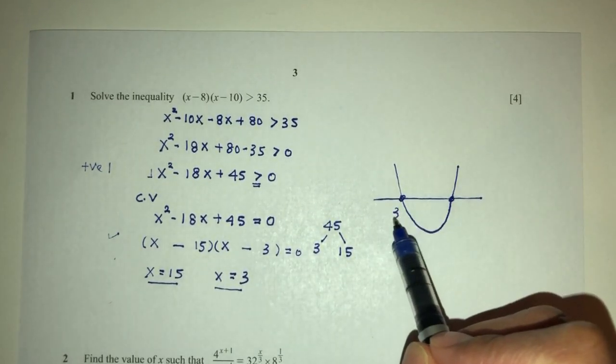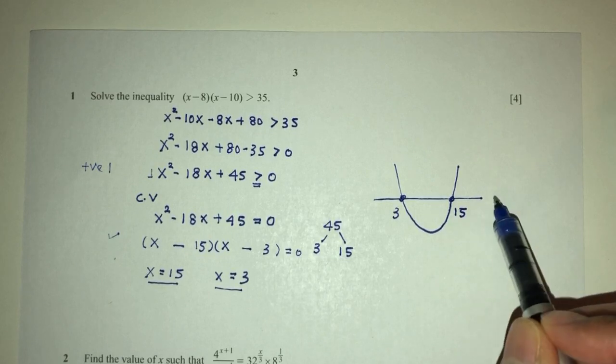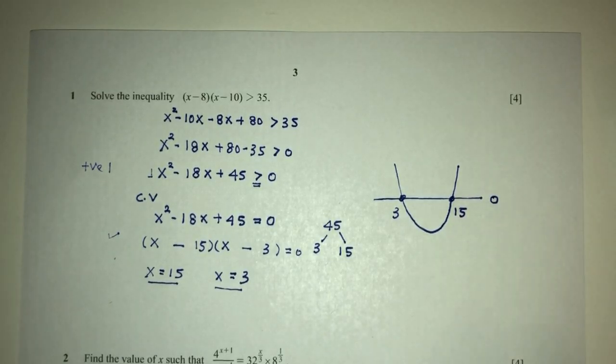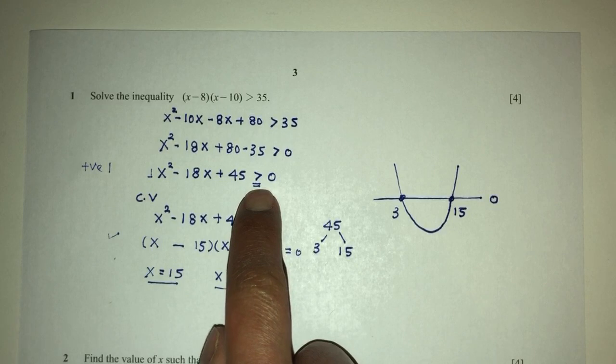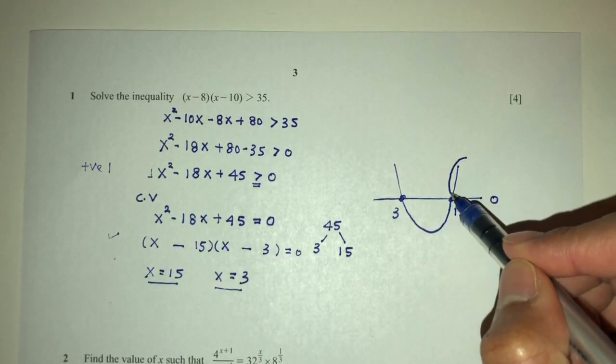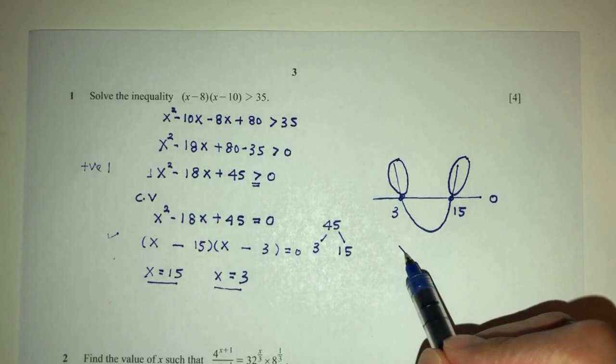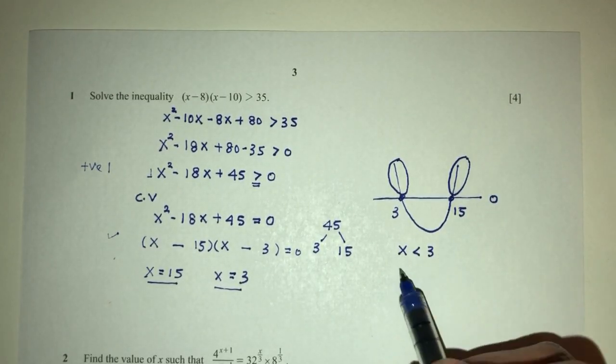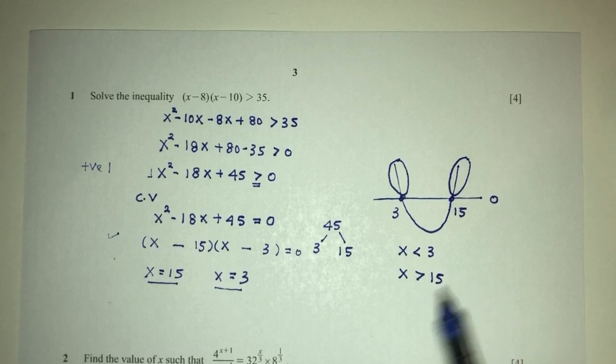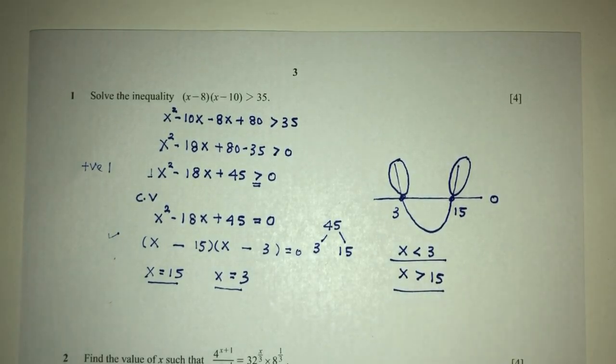This is 3. This will be 15. This is the line of 0. Now the condition here is we need it to be more than 0. We need it to be on top of 0, this and this spot. So x has to be less than 3. x has to be more than 15. Okay, so that will be my answer for question number 1.